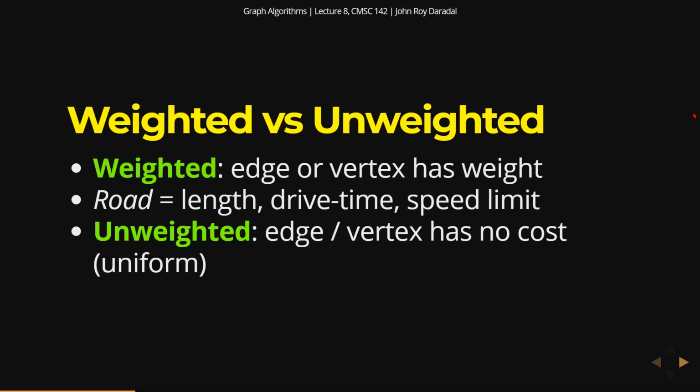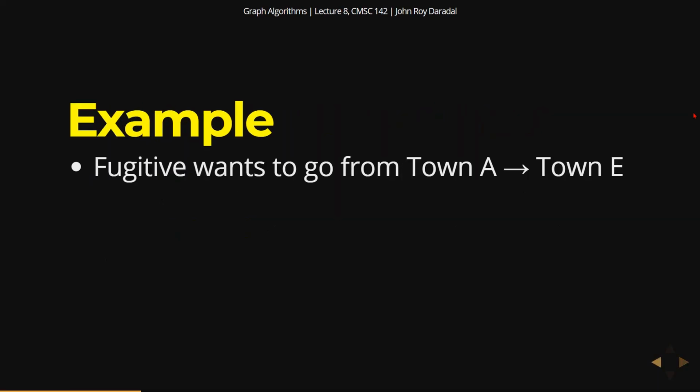So we have an example scenario here. Let's say that you're a fugitive. Sorry for these examples wherein you're having a life of crime, like when we did the knapsack problem, you were a robber or a thief, and now you're a fugitive. But again, I'm not promoting a life of crime here.